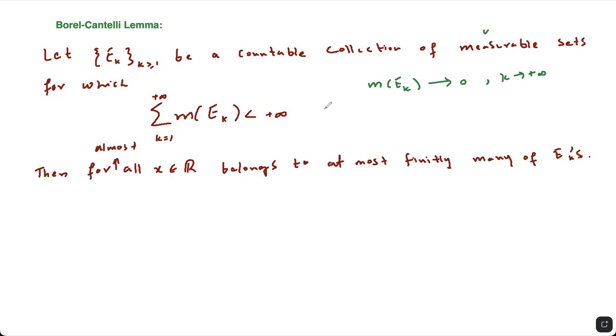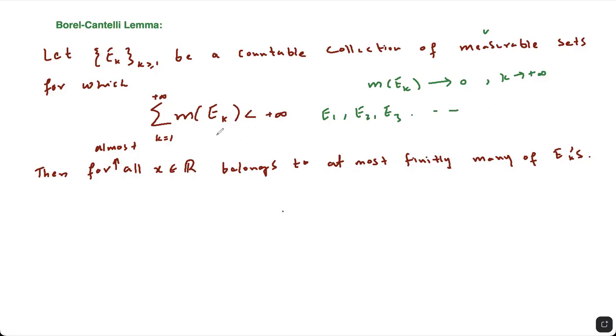As the sequence moves along, from E1 to E2 and E3, going toward infinity, the size of the sets shrinks, because the measure of a set is its size. It approaches 0, such that the sum of the series is less than plus infinity. So it's a very big thing.